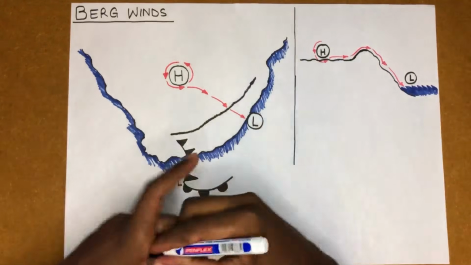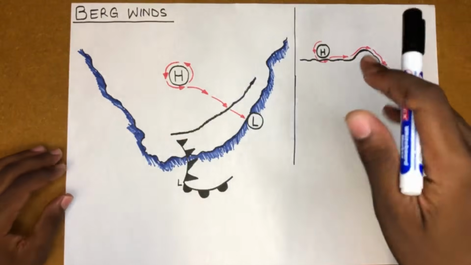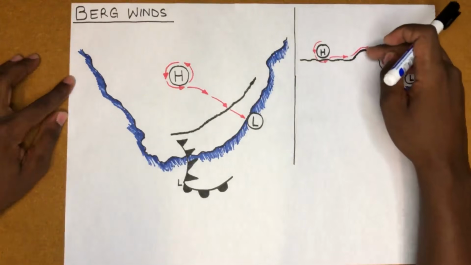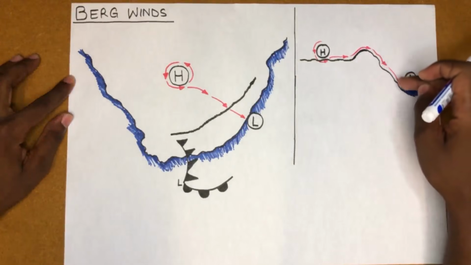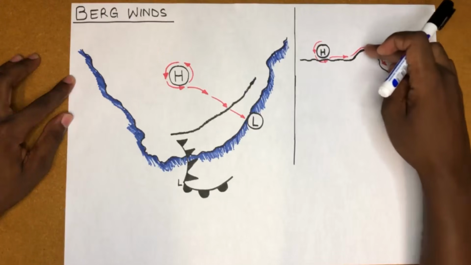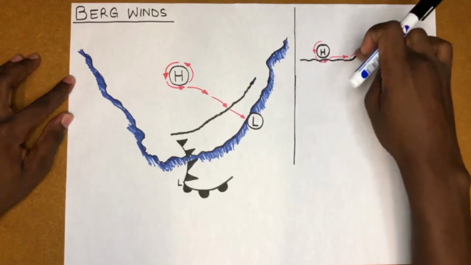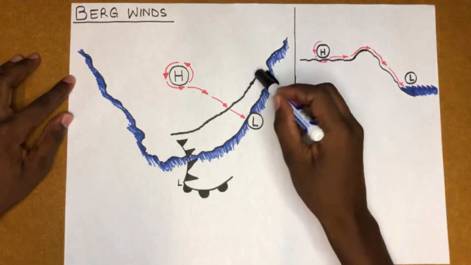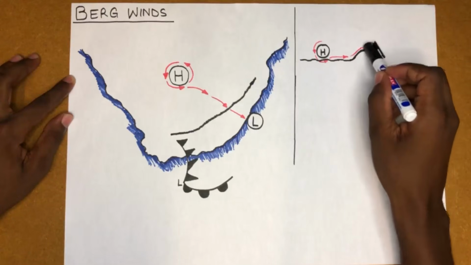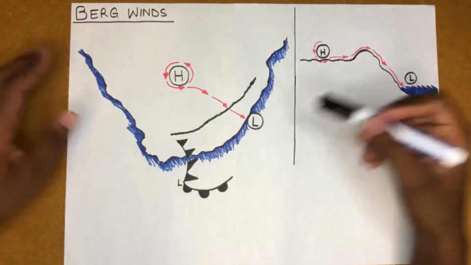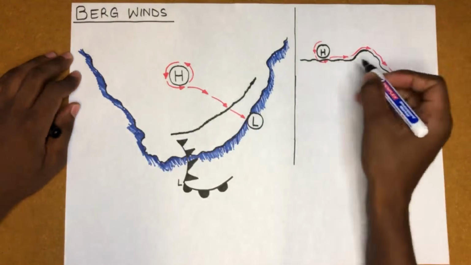This point here is the escarpment, where you decrease very much in altitude as you go down. So this is the plateau and this is the escarpment. The escarpment starts at this point and goes down. Let me just write it down for you.